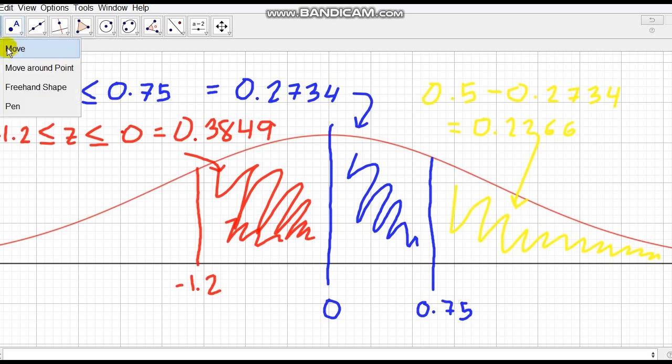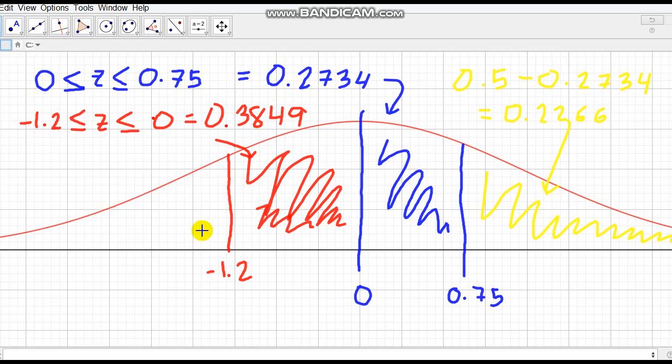What if I'd like to get the area between negative 1.2 up to 0.75? Just simply add the two areas. So in order for us to get the area between two scores, we just have to perform addition or subtraction. It depends on the position of the z-score. So it's always best that we illustrate the area first before we apply the table of areas under the normal curve.